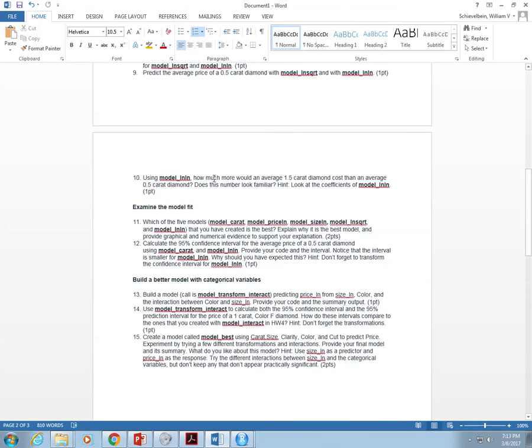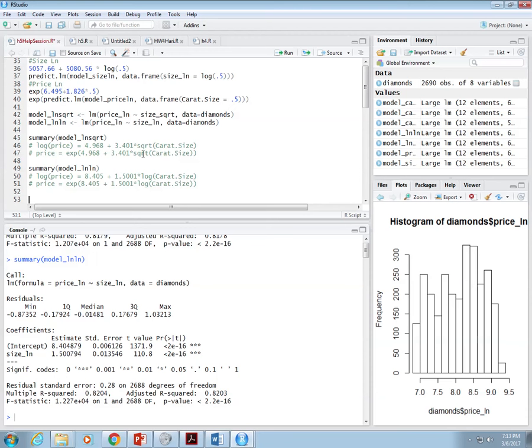Using log log, how much more would an average 1.5 carat diamond cost than an average 0.5 carat diamond? It says, does this number look familiar? It's not going to be very intuitive about why it is, but you can just do it by hand.